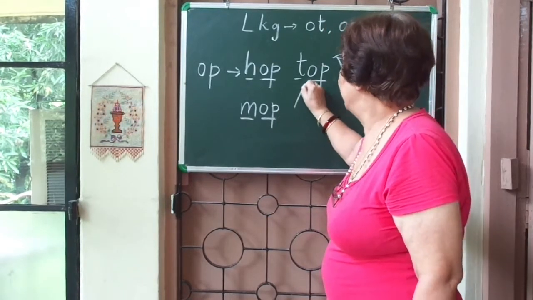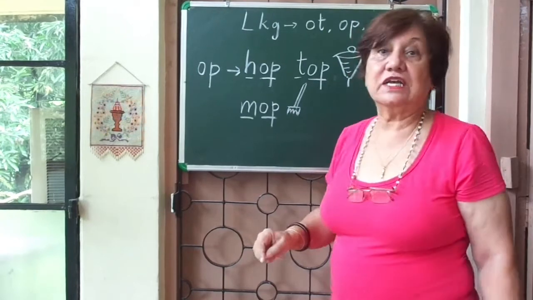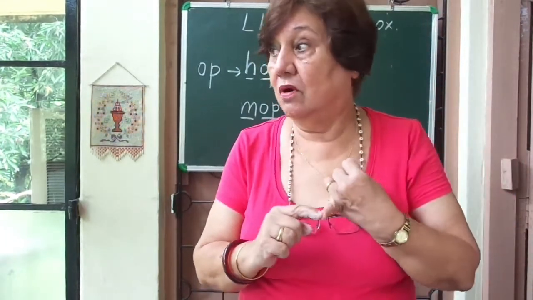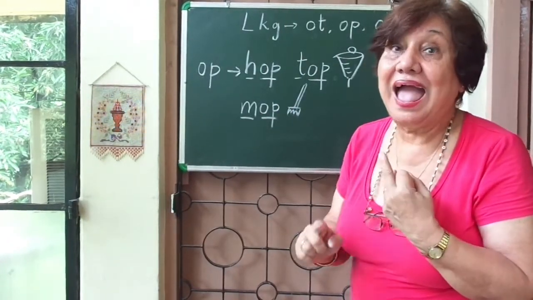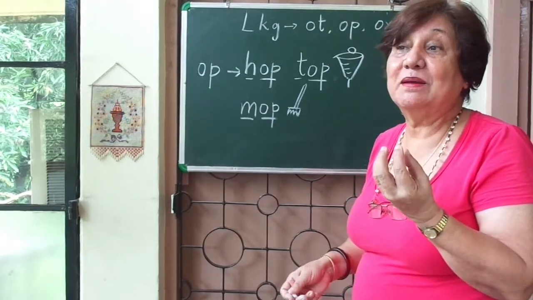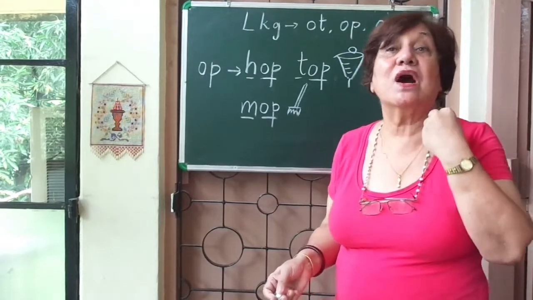So I'm drawing a mop for you, which your maid uses in the morning to clean the floor. So we've seen hop, we've seen top, we've seen mop, and when your mummy gives you a Cadbury's gem, what do you do? You pop it in your mouth.